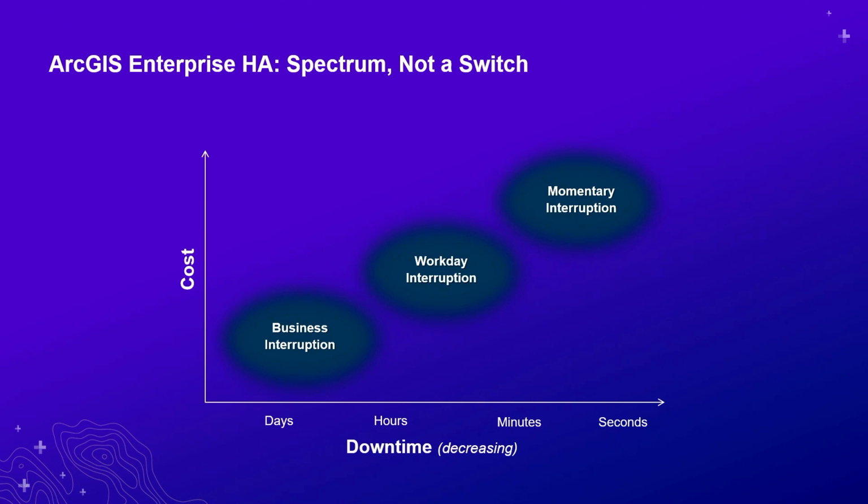If you are an organization where it's okay if the environment is down for a day, maybe you don't really need to be highly available. On the other hand, if you're supporting mission critical, business critical operations, like a 911 call center, you need to make sure that you're available at all times, 24/7. So being highly available may not be a question for you, but a requirement.